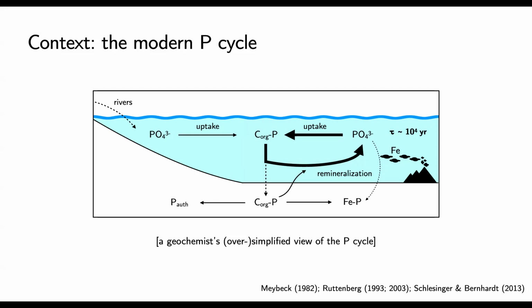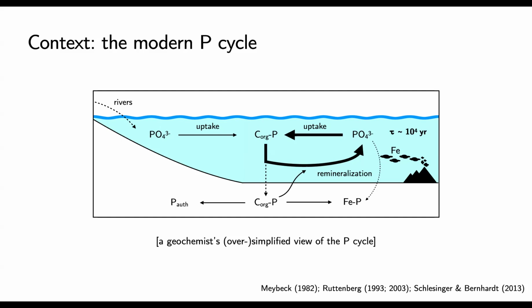And now that organic-bound phosphorus at some point will sink through the water column and meet one of two fates. It can either get buried in sediments, although what you're seeing in that dashed line is showing this is the exception, and actually the rule is rather that this phosphorus, whether in the water column or once it hits the sediment pile, gets recycled or remineralized back into solution because biomass gets respired by heterotrophy.